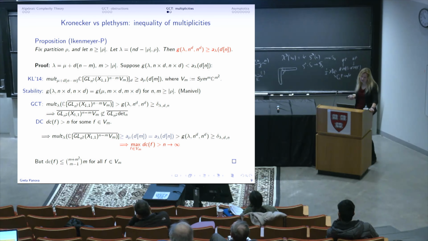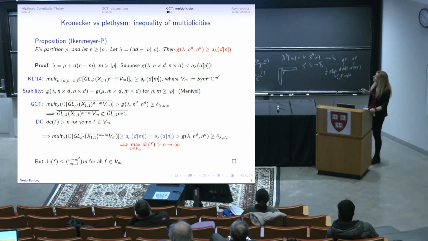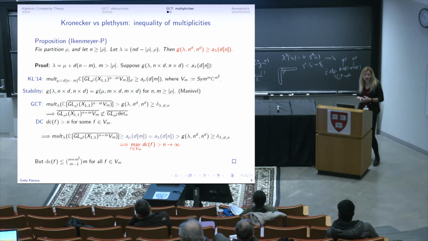And now basically we just follow the inequalities. Following this inequality, we get that the determinantal complexity of this polynomial should be bigger than n. Because of the stability, we can take n to go to infinity. So going over all these fixed degree and variables polynomials, we get larger and larger determinantal complexities.